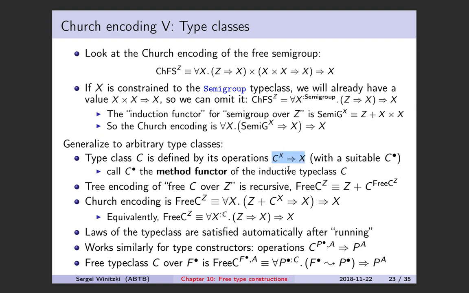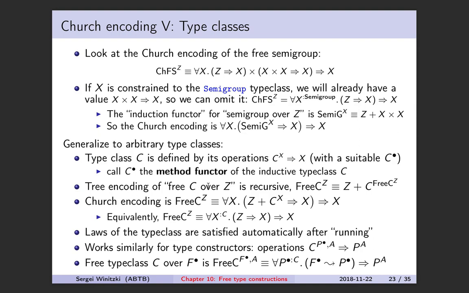So the operation is the value of this type that tells us how we can derive new values of x given some previous values. And how we're supposed to have the previous values is described by the shape of the method functor. So for instance, this method functor could have a disjunction of several parts, and each part would have 0, 1 or more x's in it. And so that would correspond to operations with 0, 1 or more arguments in the operations of the type class.